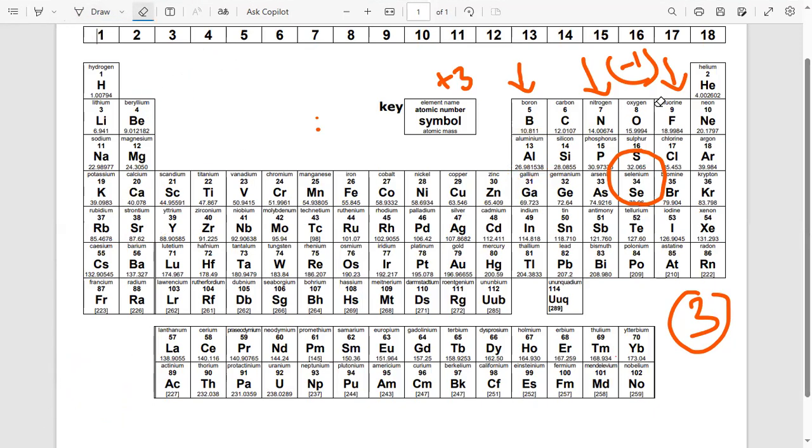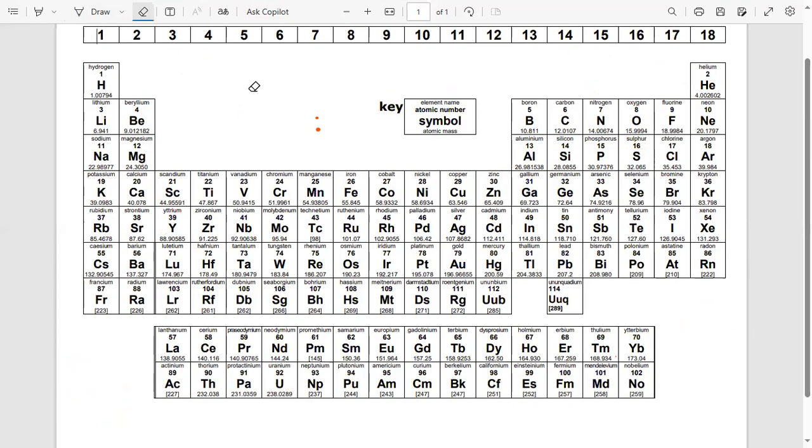Okay, so from this periodic table, guys, you can simply tell the valence of a certain element. So let me guide you. You can simply tell the valence depending on the group in which it is, okay? All right, so the ones in group 1 have a valence of 1. The ones in group 2 have a valence of 2. And then these metals here that you have in between are what we call transition metals.